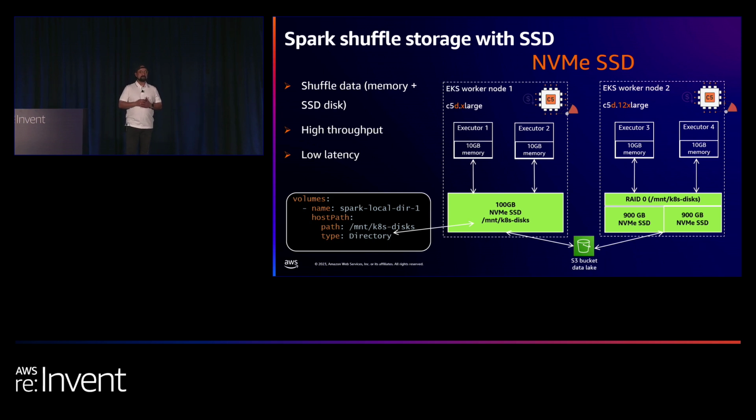But in the case where you have multiple SSDs within the EC2 instance, how does the data engineer know whether the instance has 2 disks or 1 disk? To avoid that situation, we recommend using a RAID 0 config, as you see on worker node 2. When you spin up these nodes, you can configure RAID 0, which will give you 1 mount path for all the disks which are available in each instance.